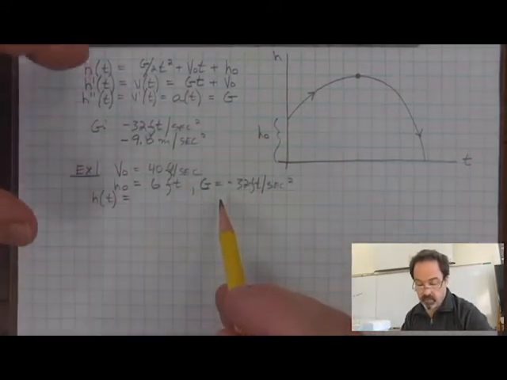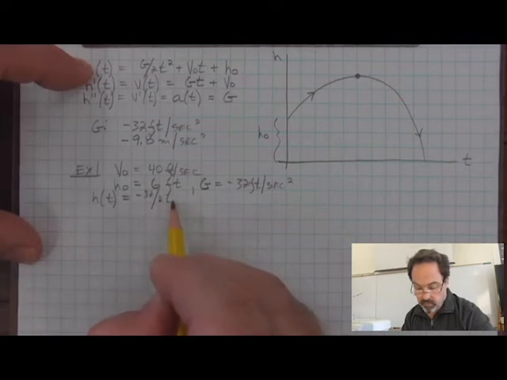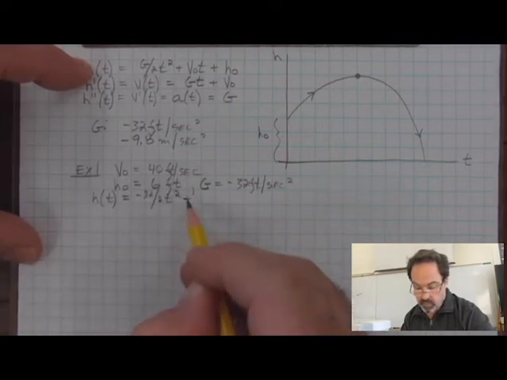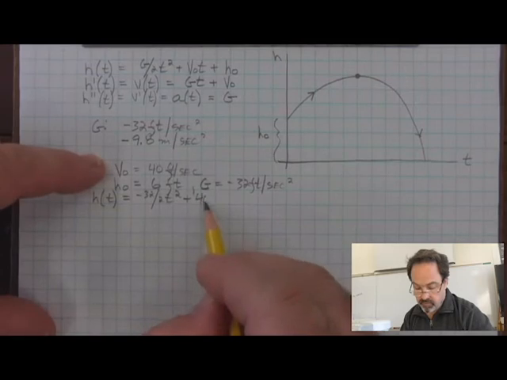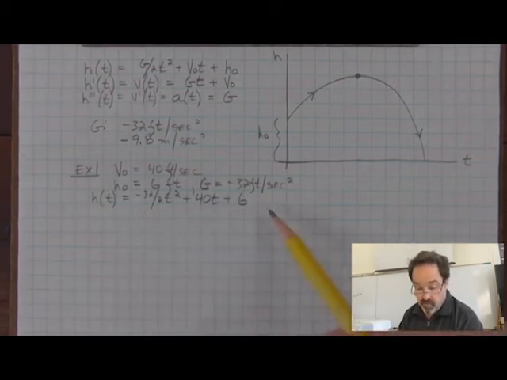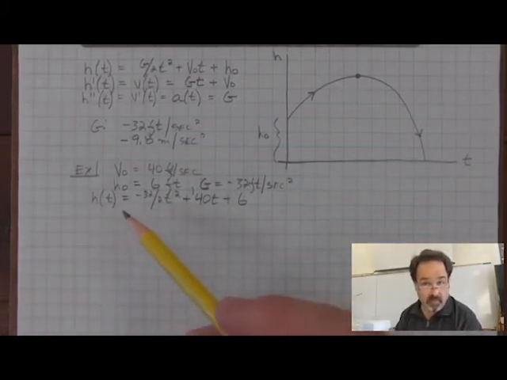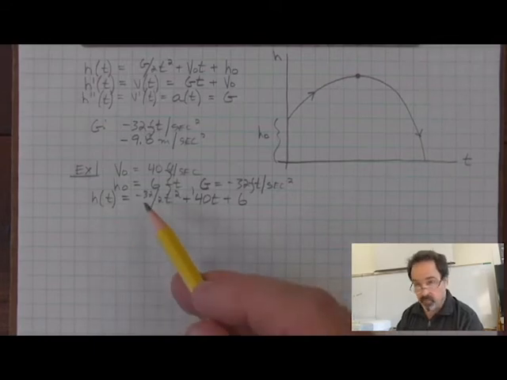Putting these values into the height equation, we have negative 32 over 2 t squared plus the initial velocity of 40 times t plus the initial height. This is the equation not for the trajectory of the ball, not for the complete two-dimensional path, but just to track the position of the height of the ball as a function of time.